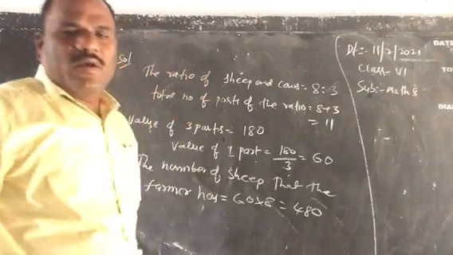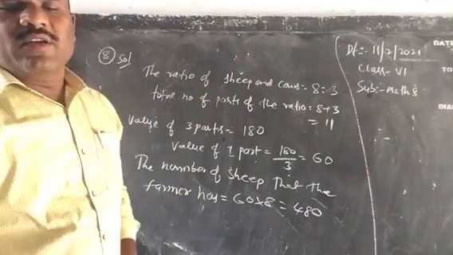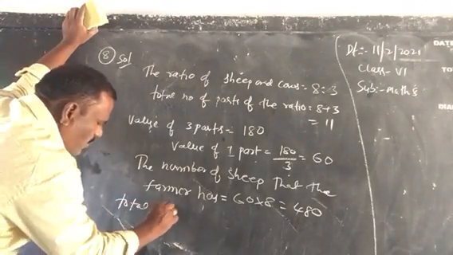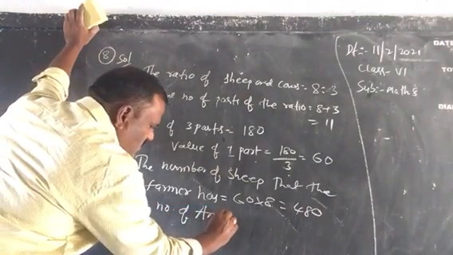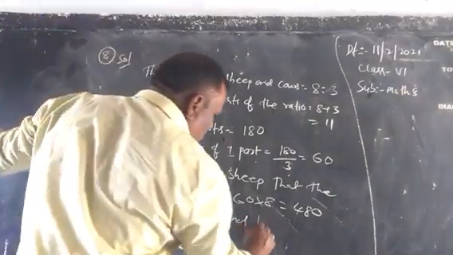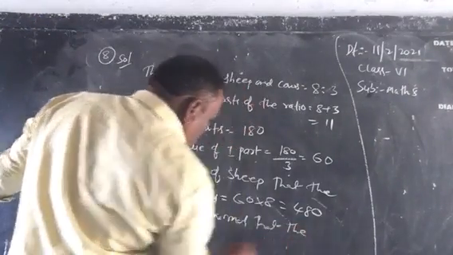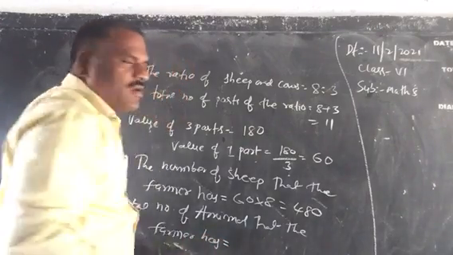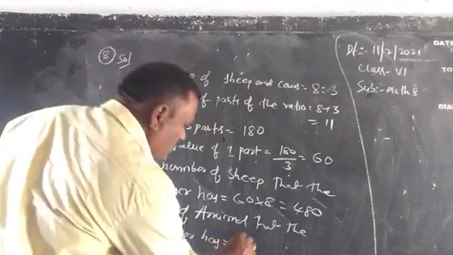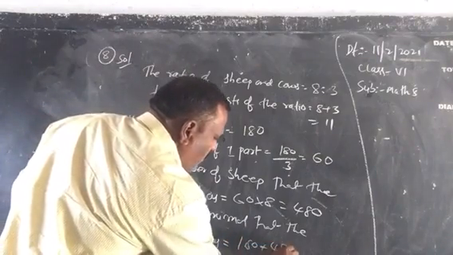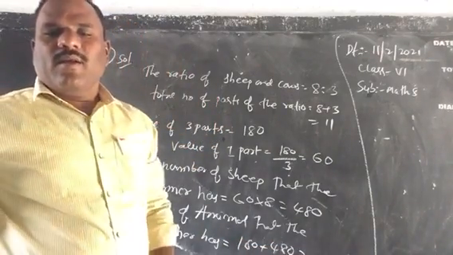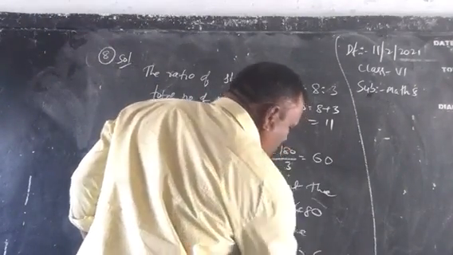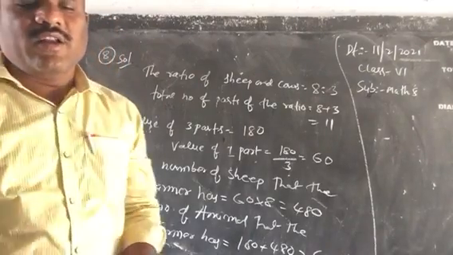Total number of animals that the farmer has equal to how much, children? 180 plus 480 equal to how much? 660, children. 660. Okay children.